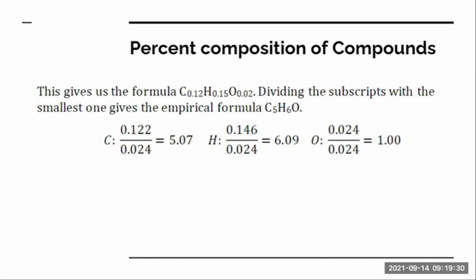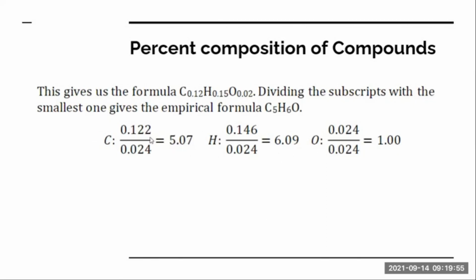Like in this one, although it was mentioned in the formula that it is 0.02, in the solution, it used the actual value, which is 0.024. So again, in the middle of the solution, don't round off yet. So here we got carbon 5.07, hydrogen 6.09, oxygen is 1.